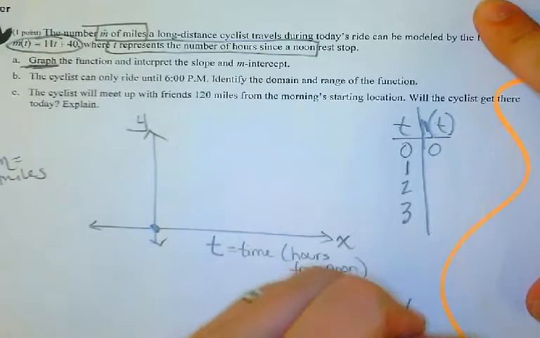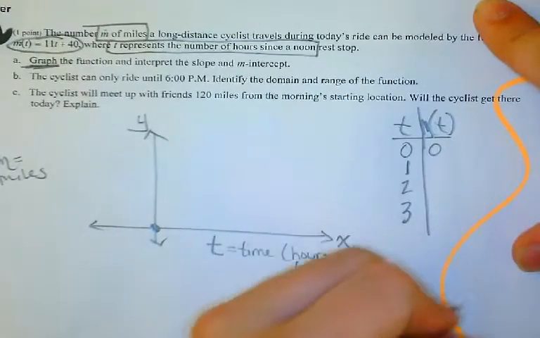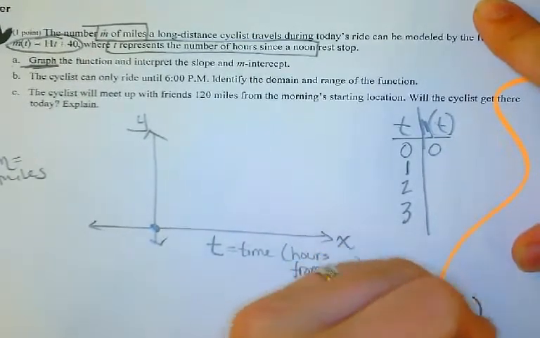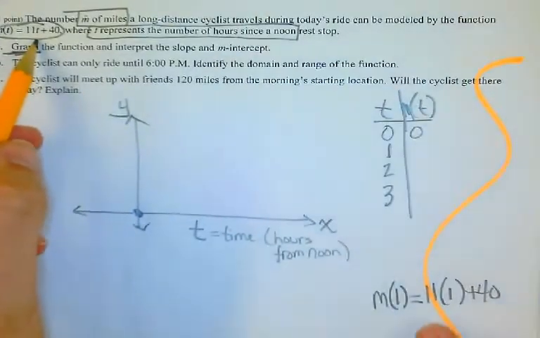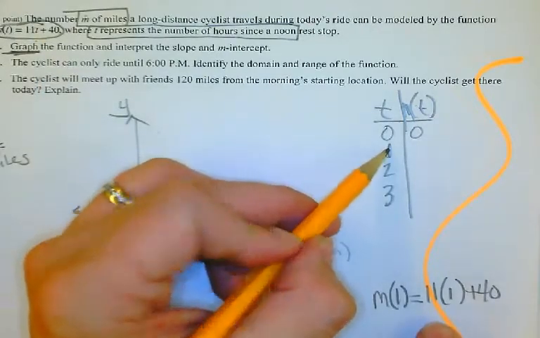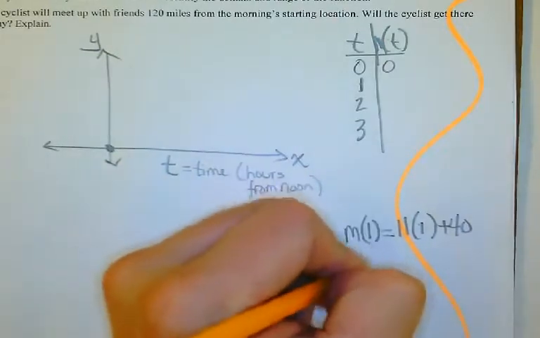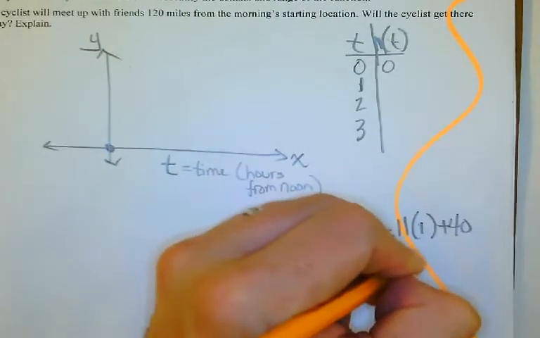So M of 1 equals 11 times 1 plus 40. So we're just copying the equation down here. And instead of a T, I will put a 1. So M of 1 is 51.